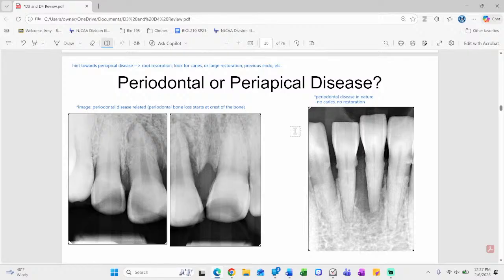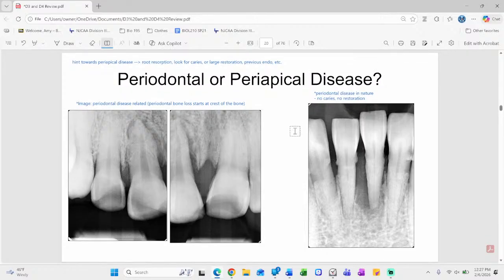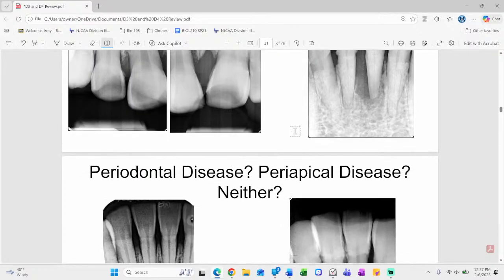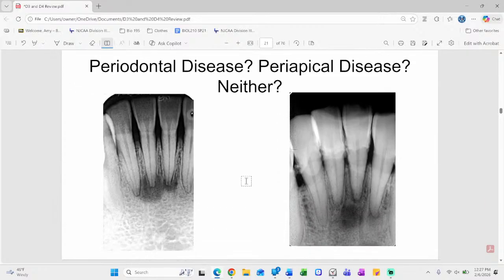Of course, we have calculus all over here, and we do have some root resorption. I think its fate is the same, either path you take, right, that it's going to be extracted. But that's where, as you start to critique and use those skills, what is the nature of that pathology. Periodontal, periapical, neither.